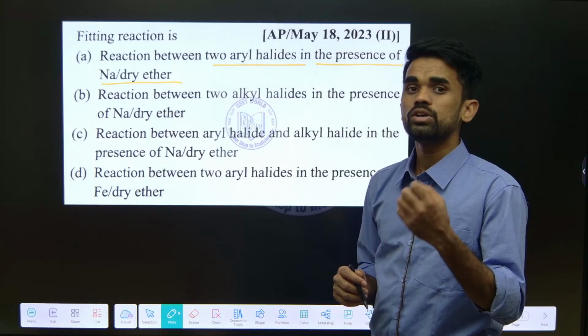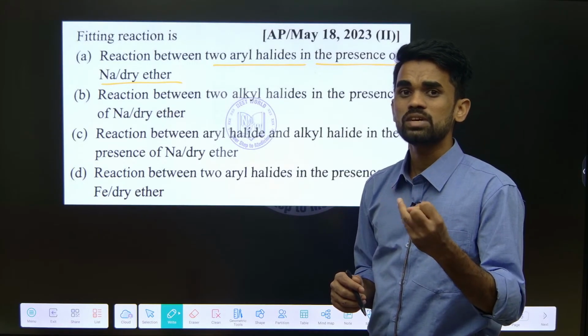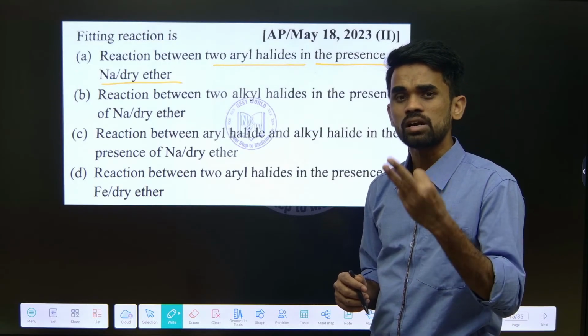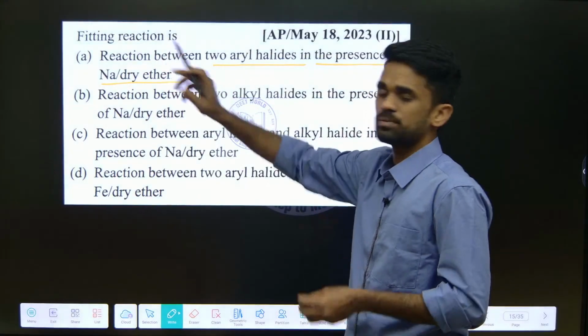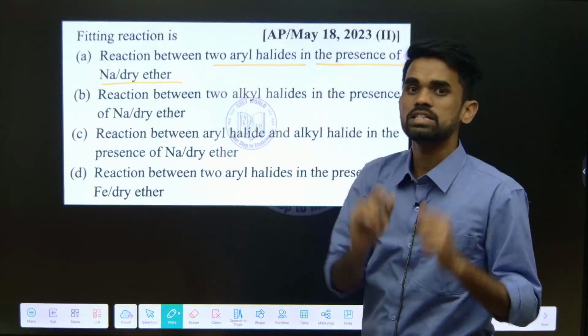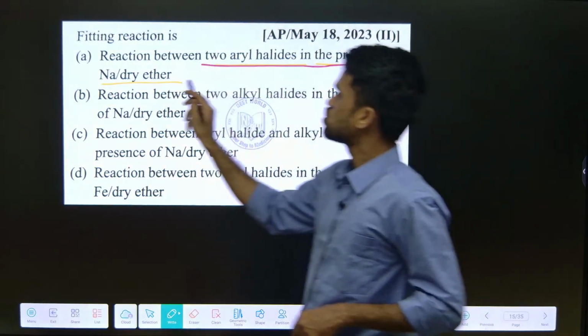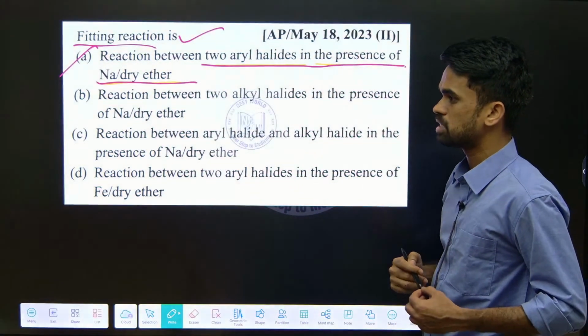If only two alkyl halides are involved in the coupling, you can call it the Wurtz reaction. If one aryl halide and one alkyl halide are involved, you should call it the Wurtz-Fittig reaction. So here, Fittig reaction means both of them are aryl halides. A reaction between two aryl halides in the presence of sodium and dry ether is considered the Fittig reaction. That's it. This is your answer for the question.